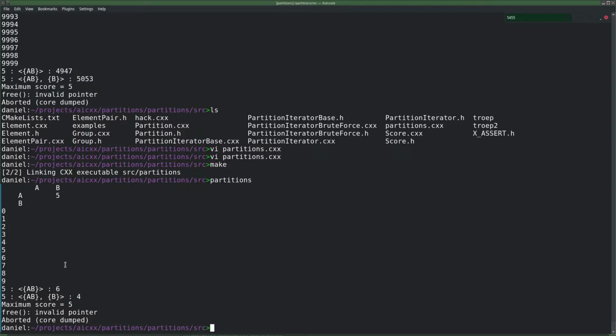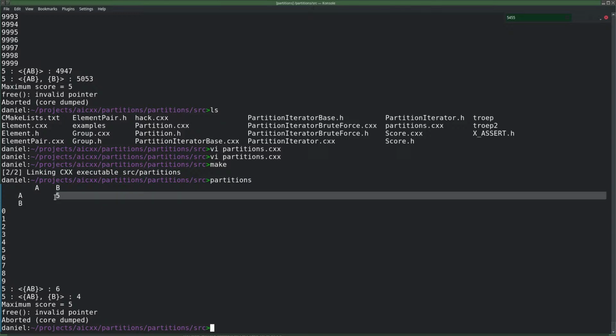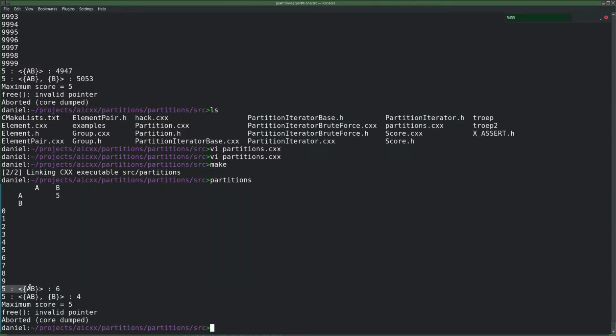The reason these two partitions have the same score is because if you put A and B together in a group, it gives a score of 5. So this one has a score of 5, and that one is a score of 0 plus AB, so also a score of 5. But of course it should never be two Bs.